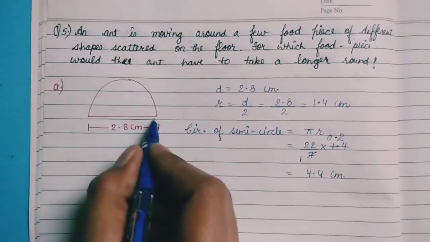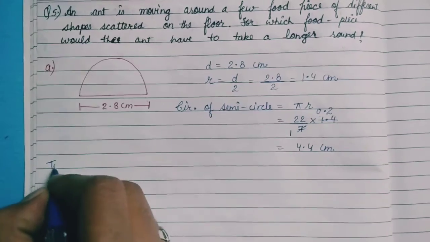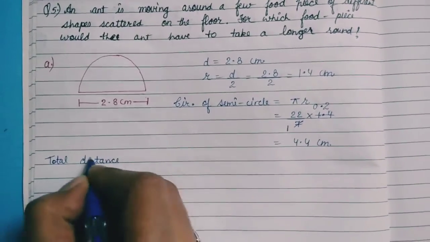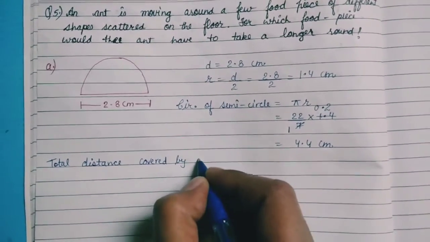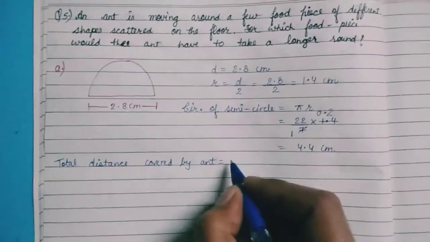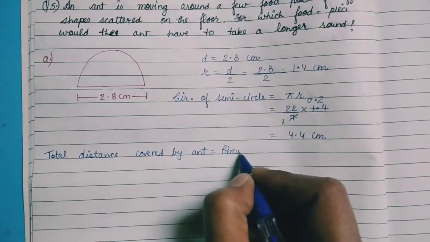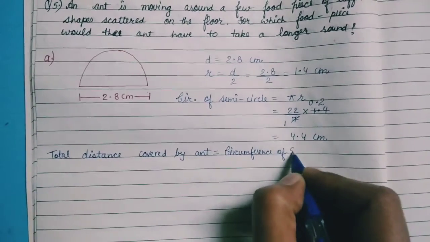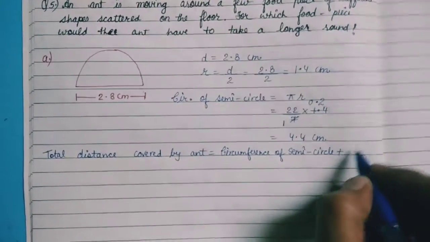But the ant is also moving around the diameter. So the total distance covered by the ant is the circumference of the semicircle plus diameter.